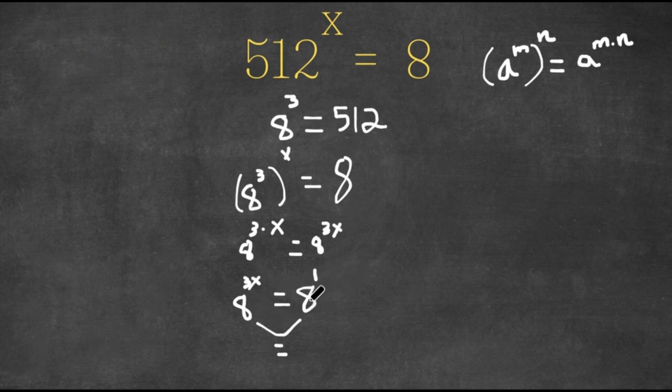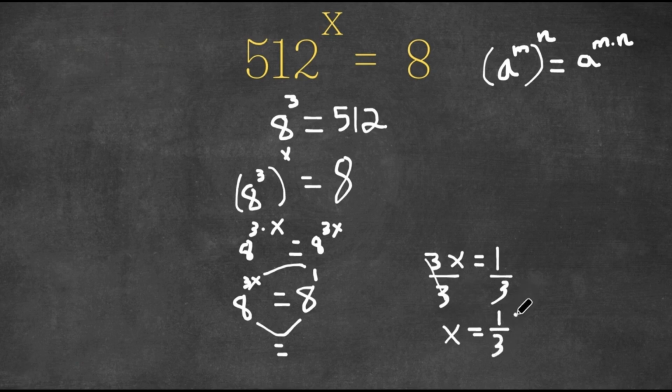So 3x is equal to 1. And now we have a simple equation. All we have to do is divide by 3 on both sides, and this would cancel out. So now we'd get x equals 1 over 3. And this is our answer.